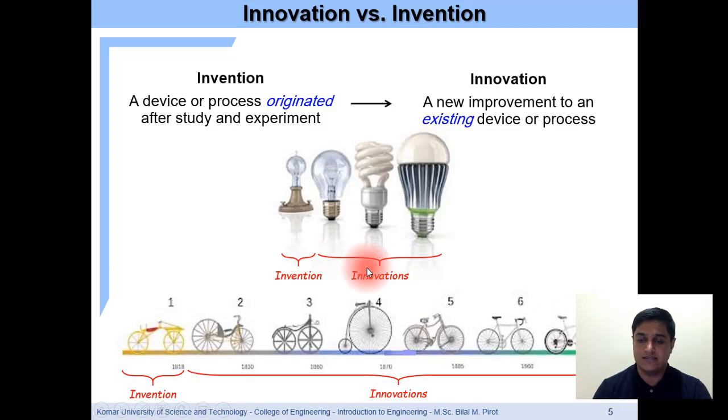And it is the same for this example. The first bicycle is invented, but the other types of bicycle have been innovated, because the other types are only improvements for the first type. This is about innovation and invention.